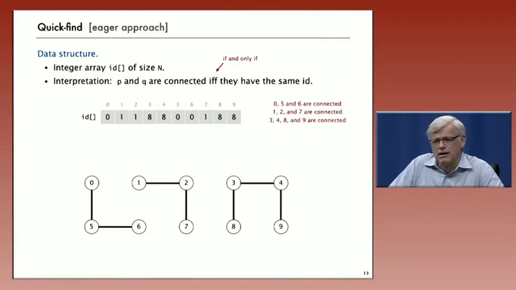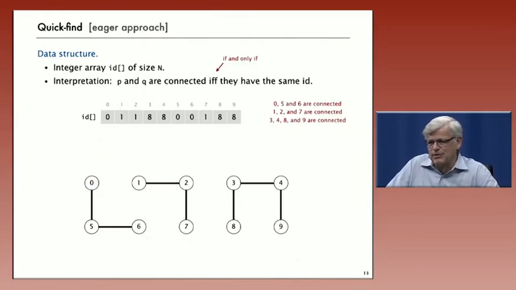So, for example, in this example with our 10 objects, the ID array that describes the situation after 7 connections is illustrated in the middle of the slide, so that at this point 0, 5, and 6 are all in the same connected component because they have the same array entry 0. 1, 2, and 7 all have entry 1, and 3, 4, 8, and 9 all have entry 8. So that representation shows that they're connected.